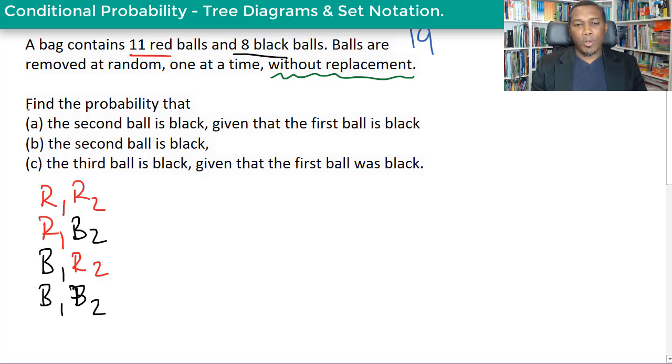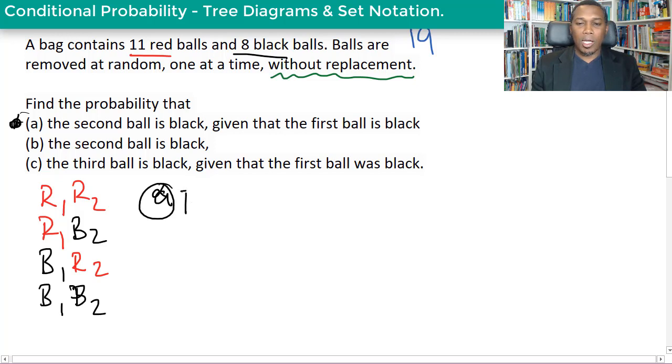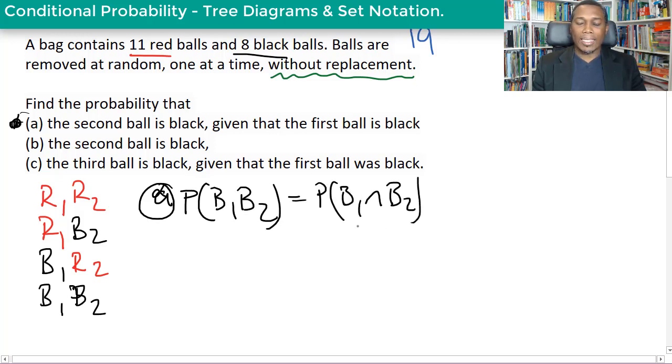Okay. Now, the question is A. Let's focus on A now. A is asking me, the second ball is black, given that the first ball is black. And I think the issue that can come up here is the second ball being black. Quite quickly, a lot of people will dive in, and for A, they'll just talk about probability black and black, which is the same thing as writing probability of black intersection black, black first time and black second time.